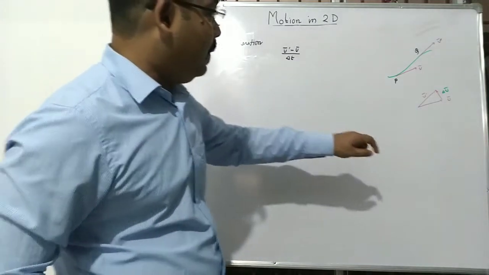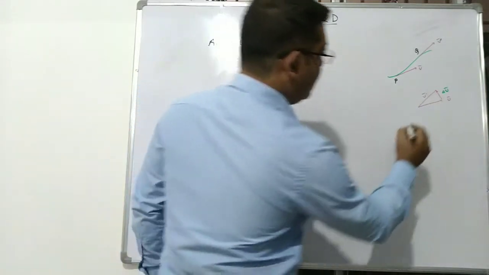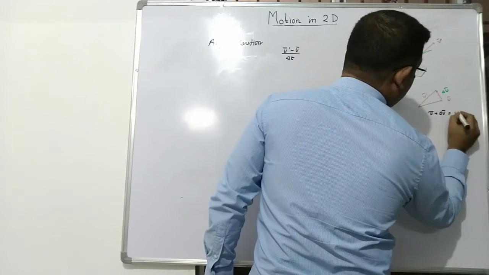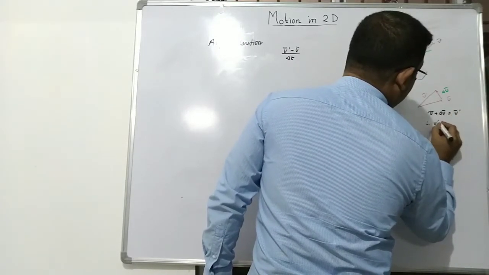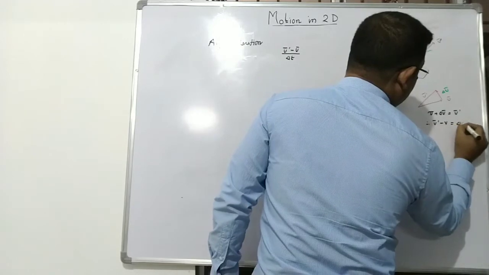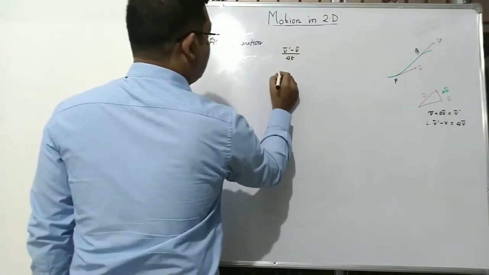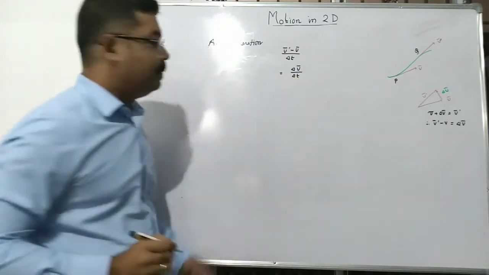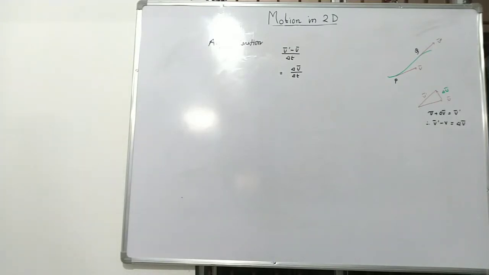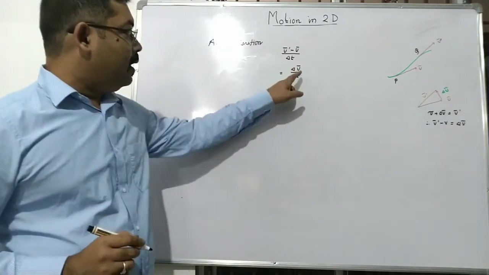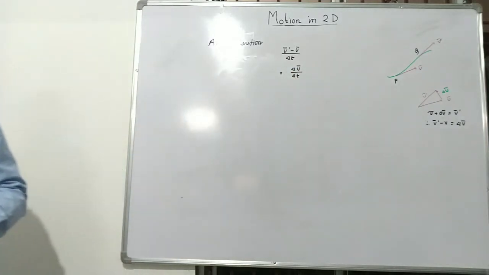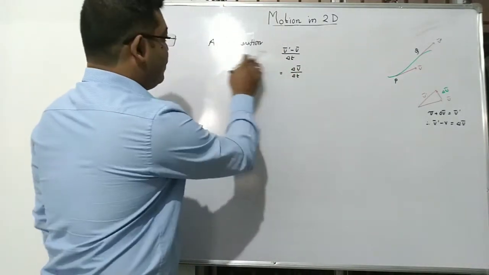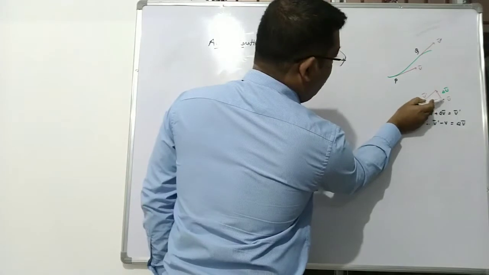From this diagram, it is very clear that V plus delta V equals V prime, or V prime minus V equals delta V. So we can substitute this with delta V, the change in velocity, by delta t. The direction of the average acceleration will be along the vector delta V.